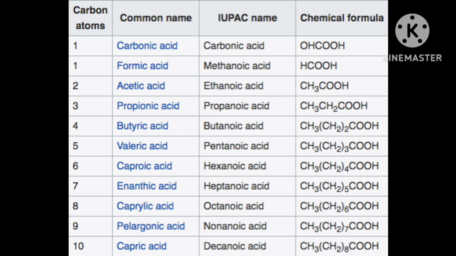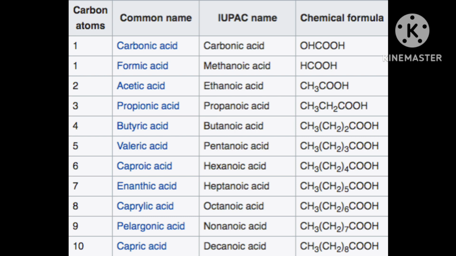In this glutaric acid there are 3 CH2 groups and 2 COOH groups, so total 5 carbons are there. Its common name is glutaric acid, and because 5 carbons are there, the name is very easy. 5 carbons means pentane, then pentane dioic acid.